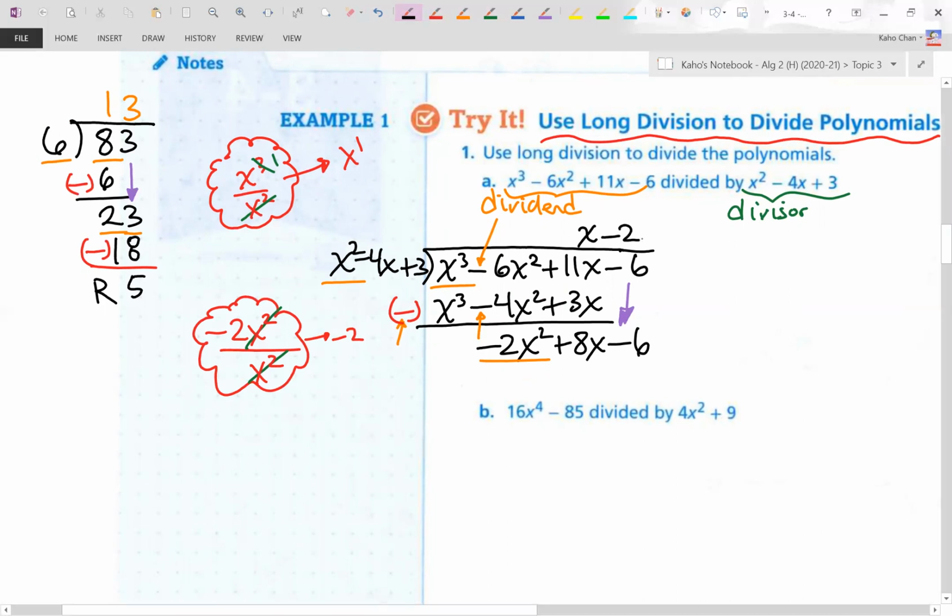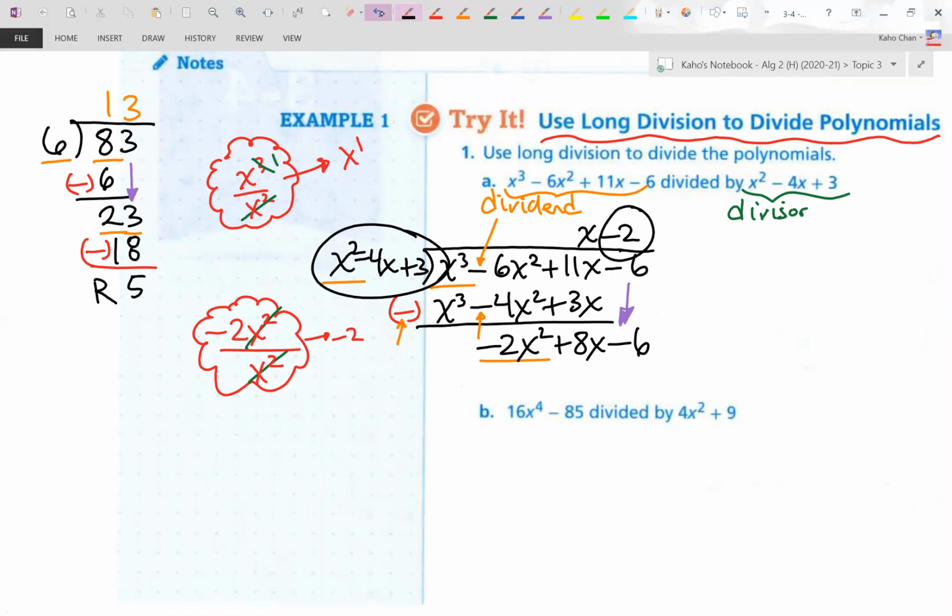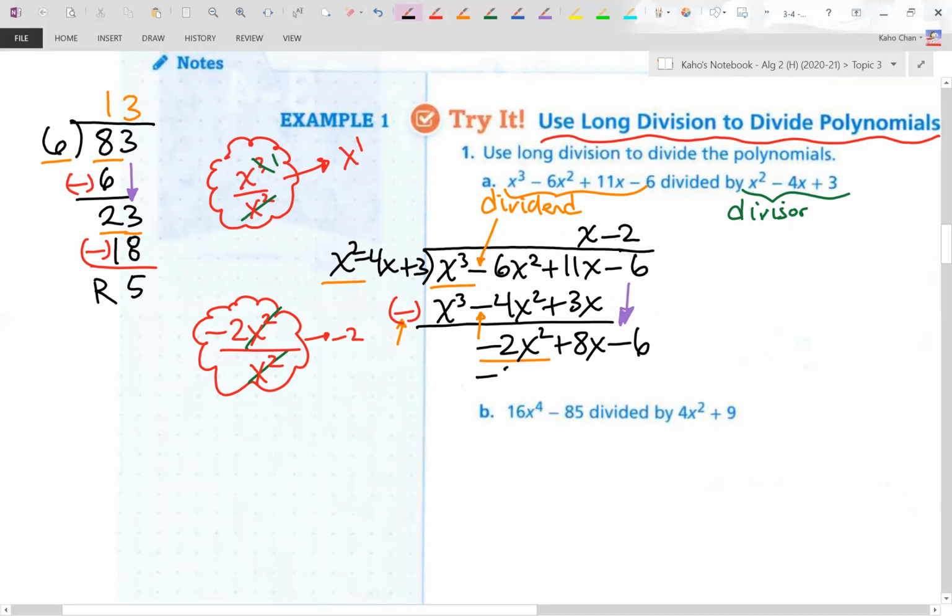And let's go and multiply. Okay, remember 3 times 6 over there with Benson's problem. 3 times 6 is 18. We're going to do the same thing here with my polynomials. I'm going to take the negative 2 and multiply it with the divisor and put it underneath that depressed polynomial. Here we go. Negative 2 times x squared is negative 2x squared.